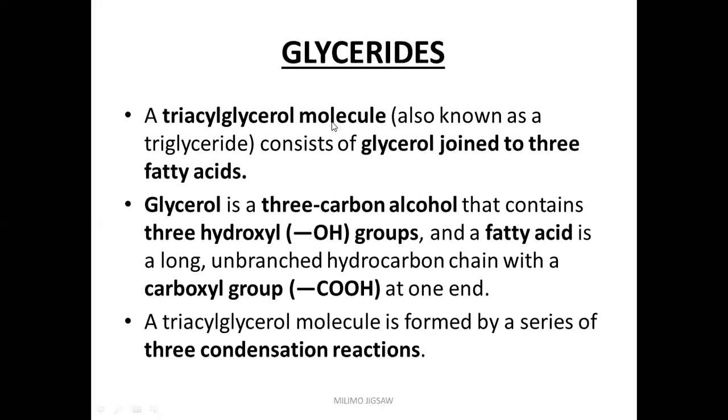Now, the diacylglycerol is an important molecule, important for sending signals within the cell. Sending signals within the cell is an important function that diacylglycerol plays. And in the third reaction, what will be produced is now the triacylglycerol. The triglyceride will be produced in the third reaction.